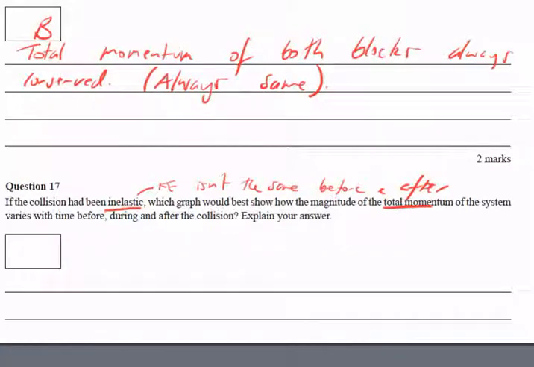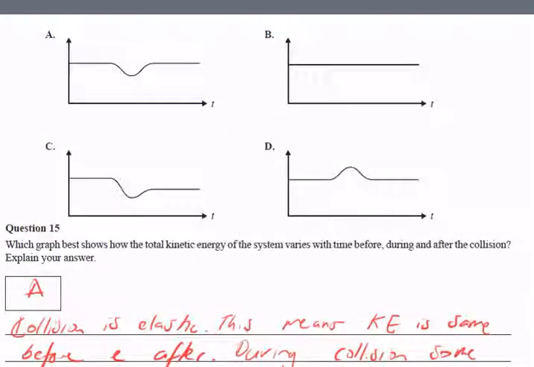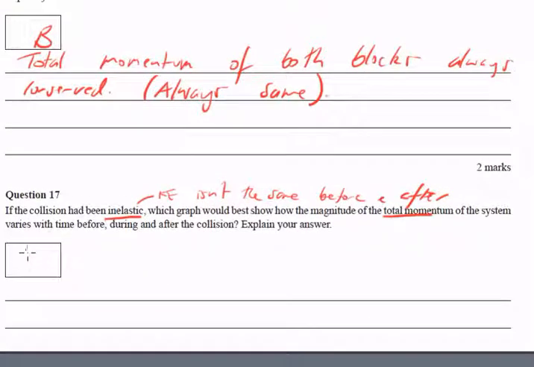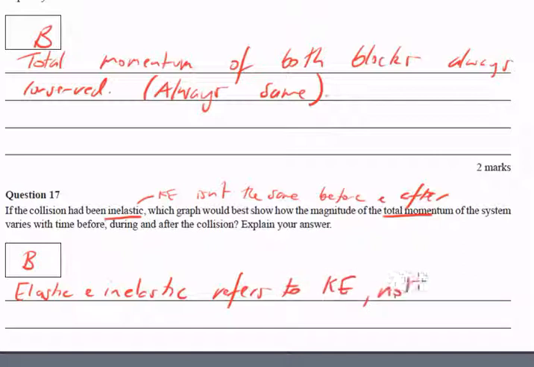So it's still going to be the same as what we had for number 16. So 16 is B, and why? Elastic and inelastic refers to kinetic energy, not momentum.